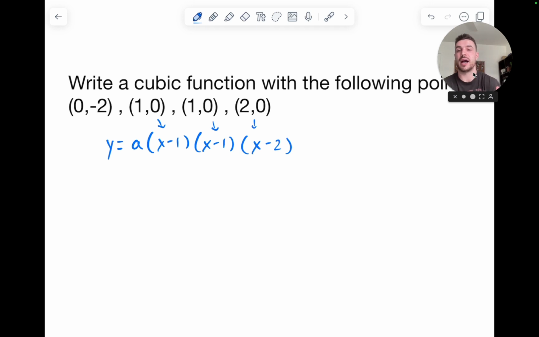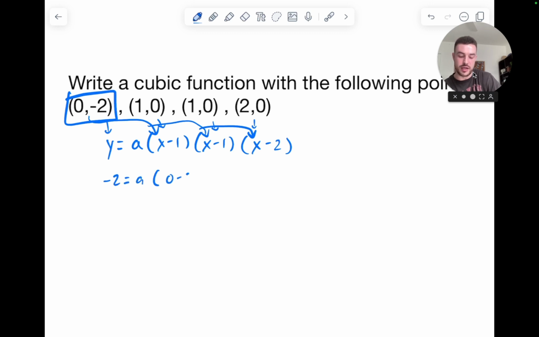Now, I need to find out what that a value is. So I'm going to take this value and plug in the y value and then the x value for each of my x's. So I get negative 2 equals a times 0 minus 1, 0 minus 1, and then 0 minus 2.